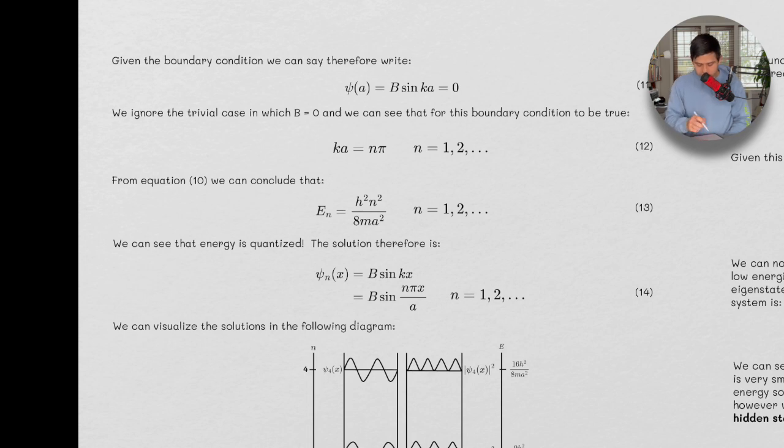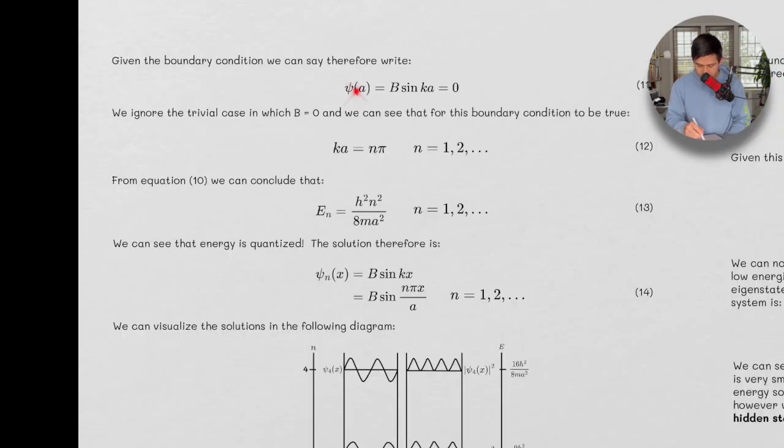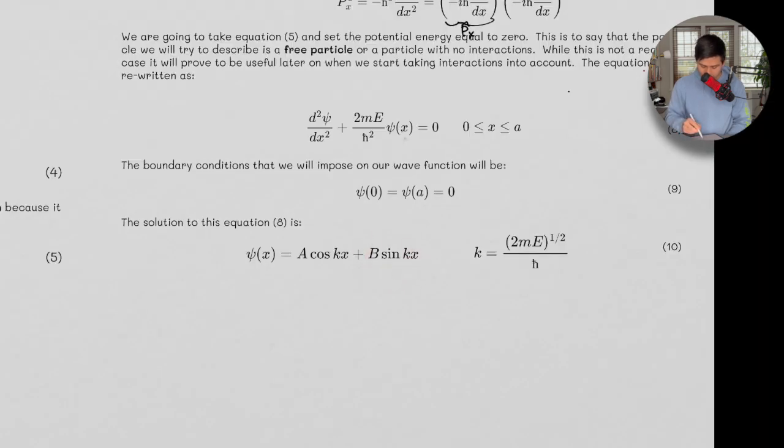All right. So given boundary conditions, when we look at them, this is psi at 0 and psi at A. Psi at A is going to be equal to 0. So that means we can kick out this cosine bit, because the cosine part doesn't satisfy this boundary condition.